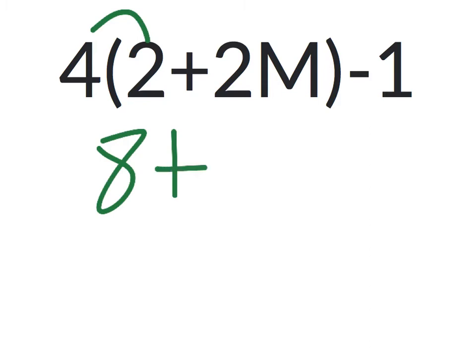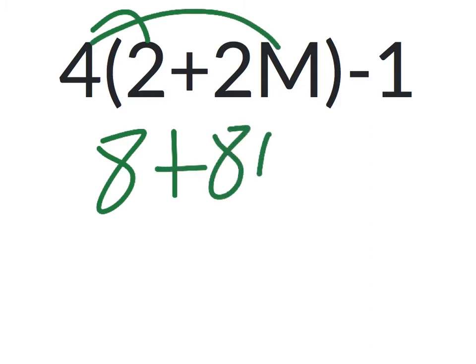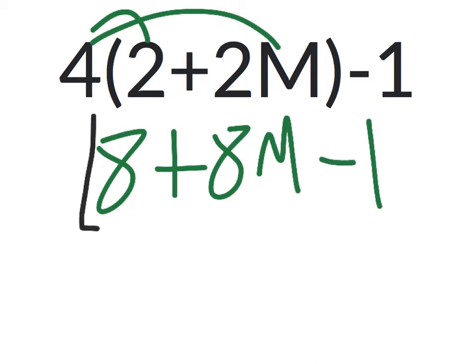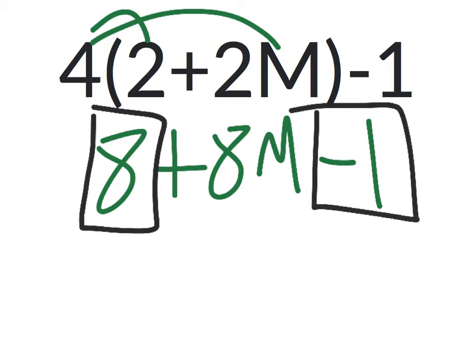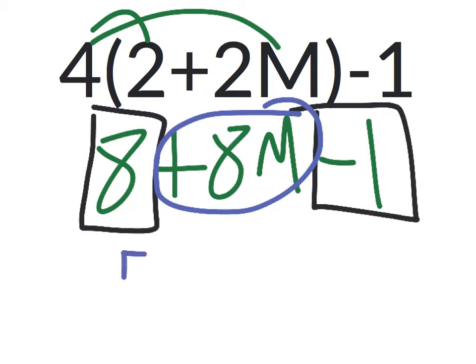Drop the plus. 4 times 2m, that gives us 8m minus 1. And then we're going to combine like terms. So 8 minus 1 is 7 plus 8m.